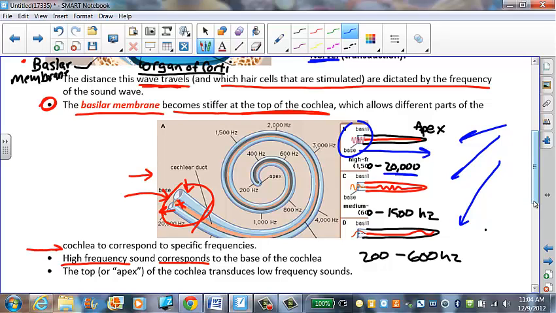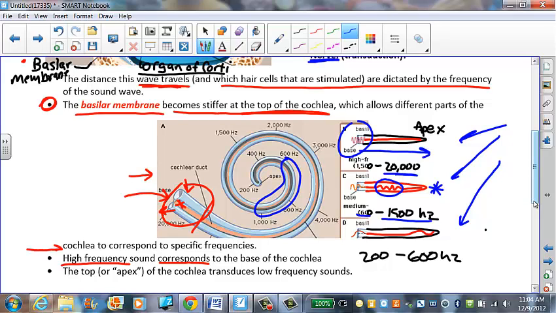Medium pitch frequencies, from about 600 to about 1500 hertz, the wave kind of peaks in the middle of the cochlea. So in this range here, if we rolled it out, the waves would peak in the middle.